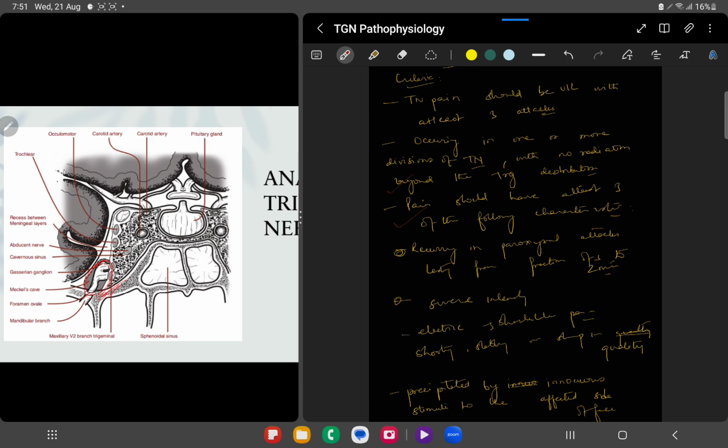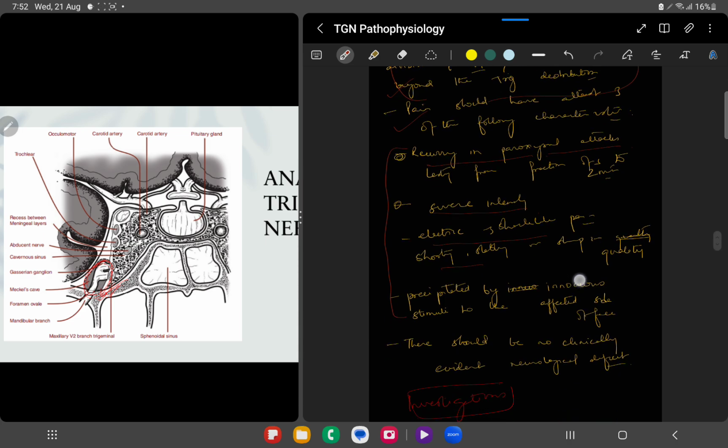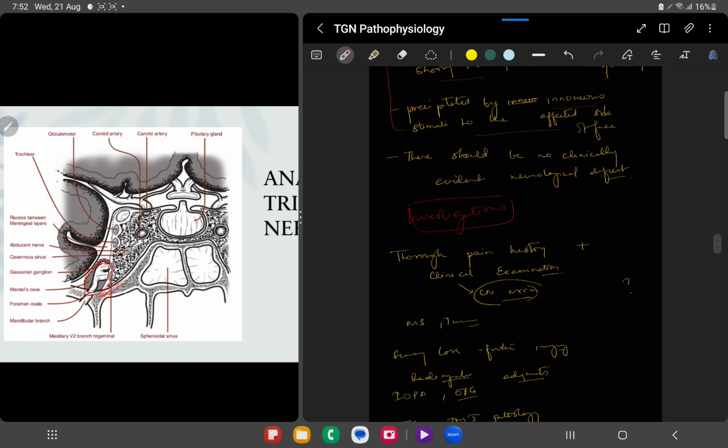Then out of the following criteria, 3 of them should be fulfilled. Like it should be recurring in paroxysmal attacks, severe intensity may be there, electric shock like pain, it should be precipitated by innocuous stimuli to the affected side of the face.